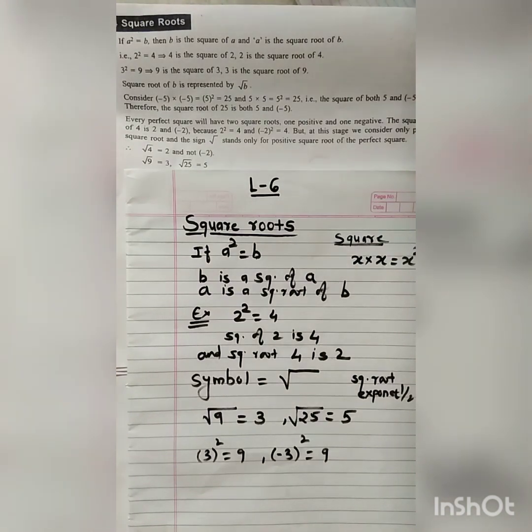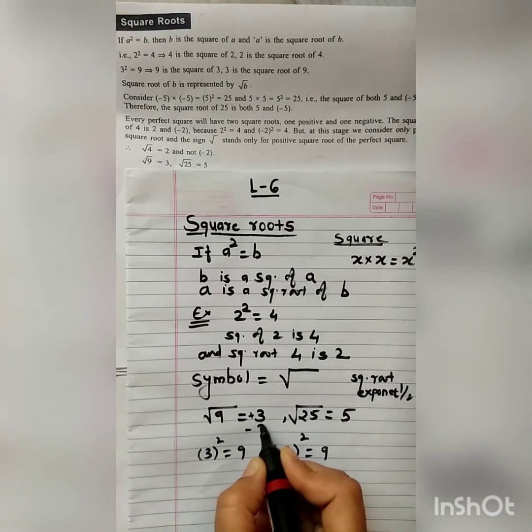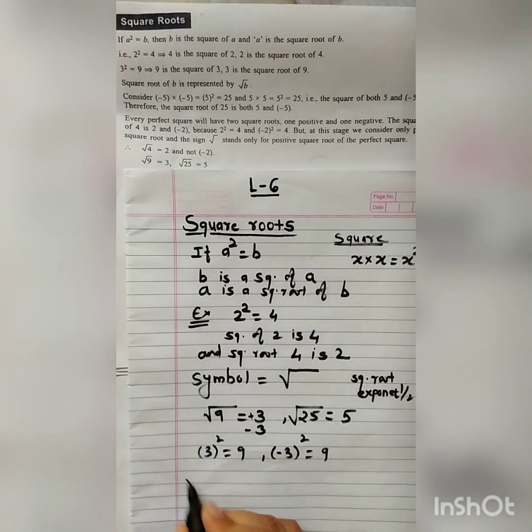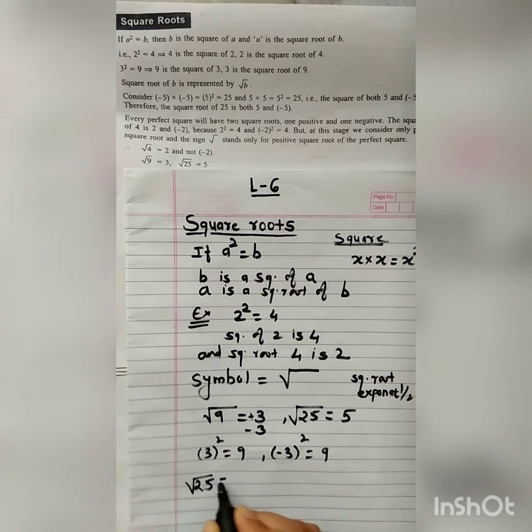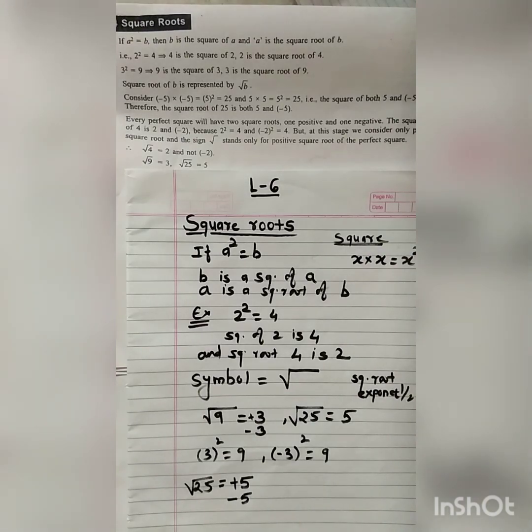Square is always a positive number. So if I have to write the square root of 9, it can be 3 and it can be minus 3 also. Square root of 25 can be 5 also, it can be minus 5 also. Because we know that square of 5 is also 25 and square of minus 5 is also 25.